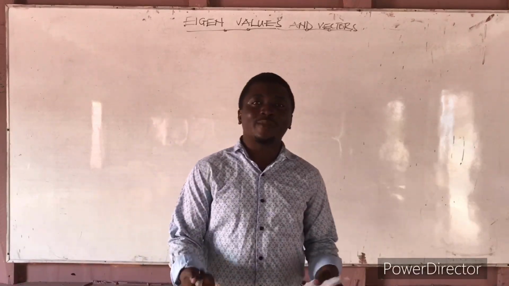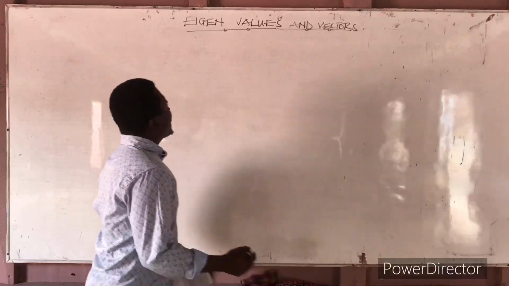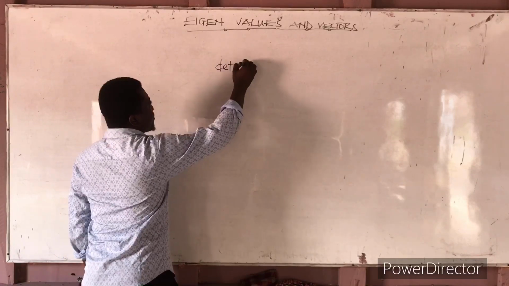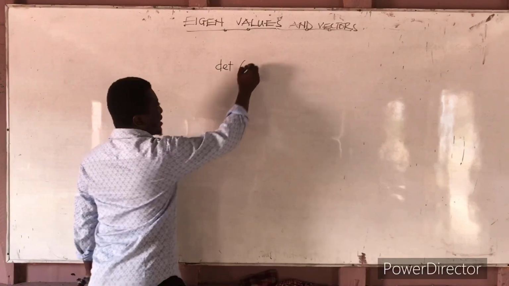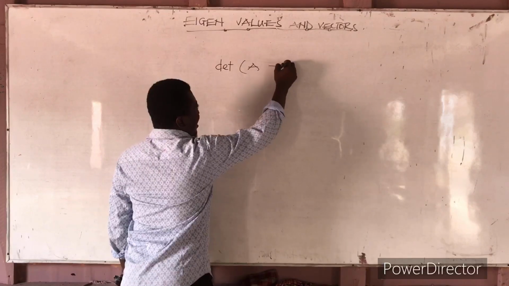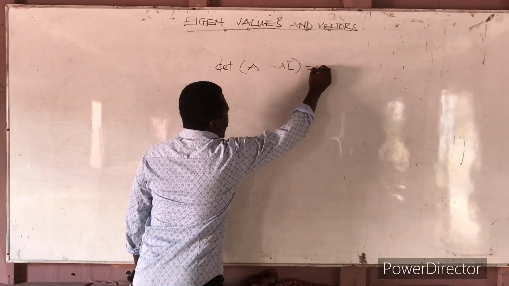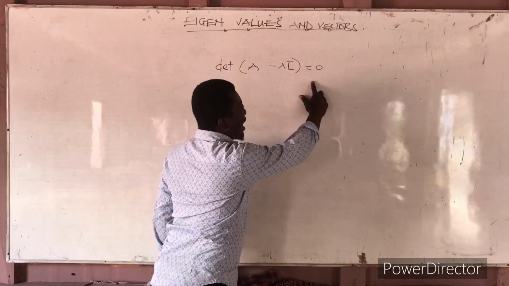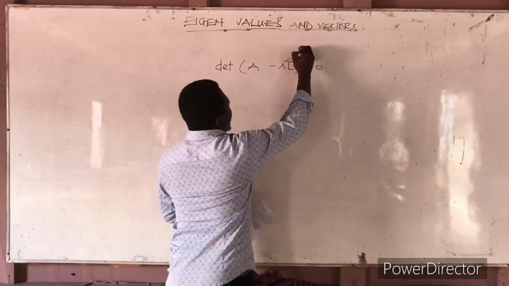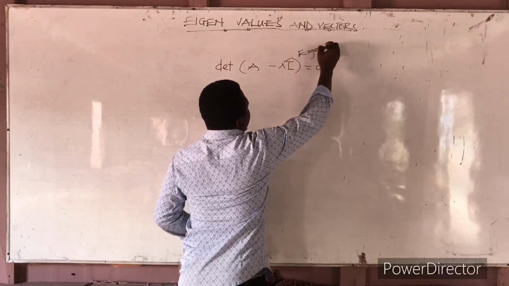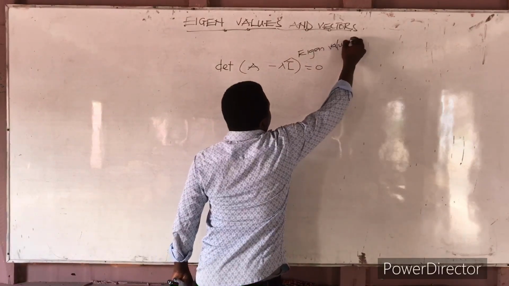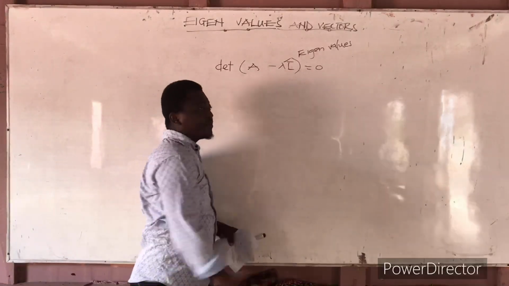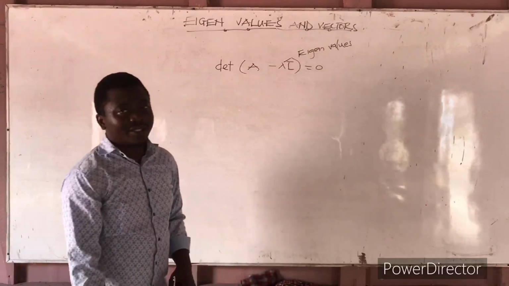After making sure that it is an n by n matrix, to find eigenvalues, the formula is the determinant of, let's assume, a matrix A minus lambda I, which should be equal to 0. Here lambda stands for the eigenvalue, so we just want to find lambda, and I is just the identity matrix.